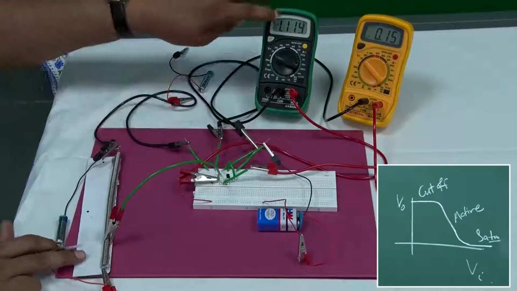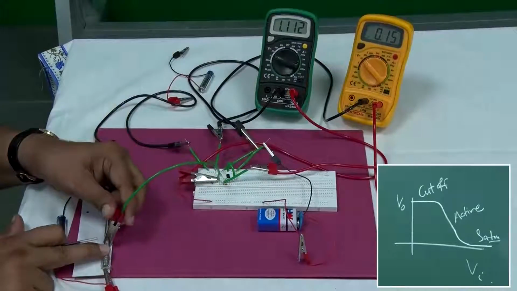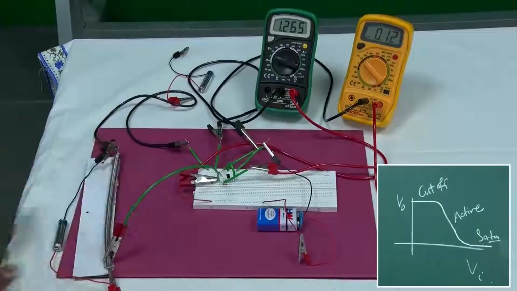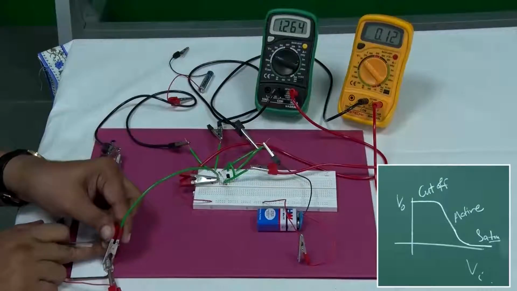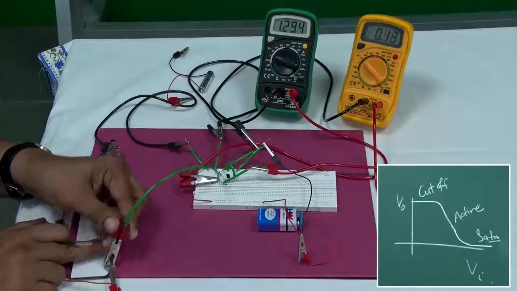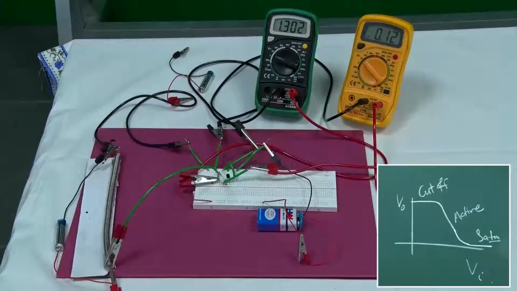From 1.115, let me increase it further. Here, 1.268 input voltage, but the output is still 0.12. And here, see, it is 1.302 and the output is still 0.12. So, this is the saturation region.